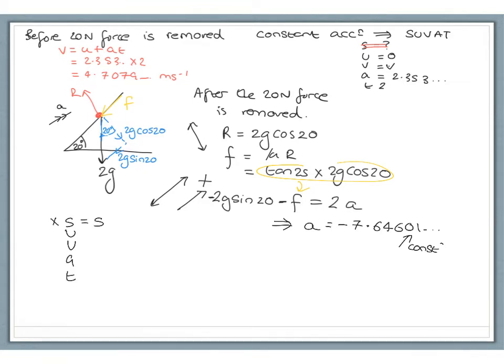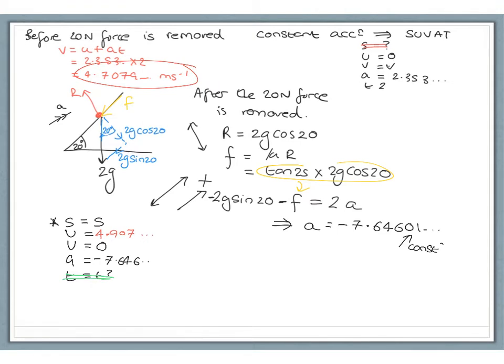S is what we're actually looking for. U is the velocity with which it starts this period of motion, and that's the velocity we calculated earlier on. So it's 4.907... V, the final velocity, is equal to 0 because we want to know how far up the slope the particle travels before it's at rest. A is minus 7.646, and time we don't know, and actually we don't need to find it out.